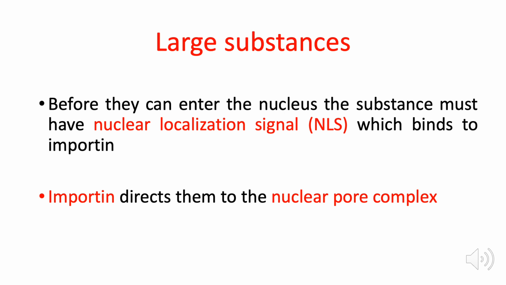What protein do you think will identify if the protein has a nuclear localization signal? That protein is importin. So once the importin detects the presence of a nuclear localization signal in the structure of the protein, this importin will accompany the protein towards the nuclear pore so that the protein can enter the nucleus.